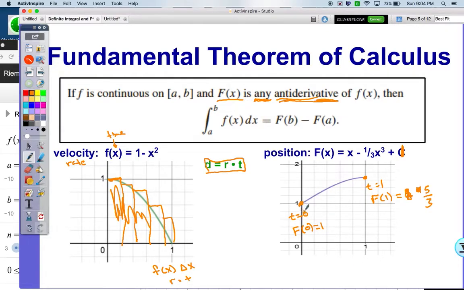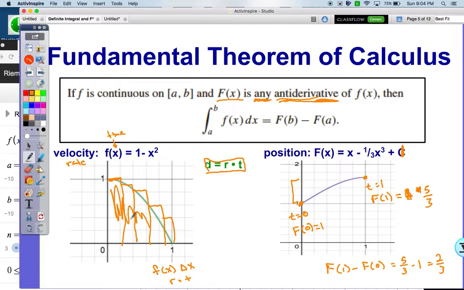And so if I'm at position 1, at mile marker 1 when I start, and I end up at mile marker 5/3, then what is the distance that I've traveled between those two times? All I have to do is say f of 1 minus f of 0, or 5/3 minus 1, which gives me 2/3.